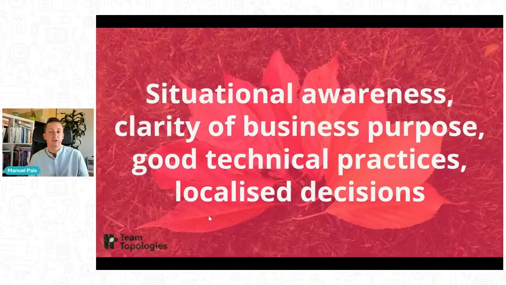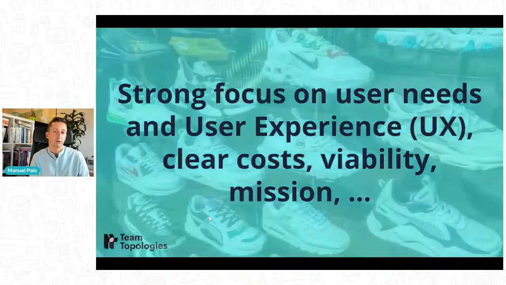For business agility, it's not just following agile ceremonies, it's having situational awareness, clarity of business purpose, good technical practices, and localized decisions, meaning we're empowering the teams to make good localized decisions because we did other work of decoupling teams and business concepts as much as we can. So this is for us what being agile and having business agility means, right? Compared to just following some framework.